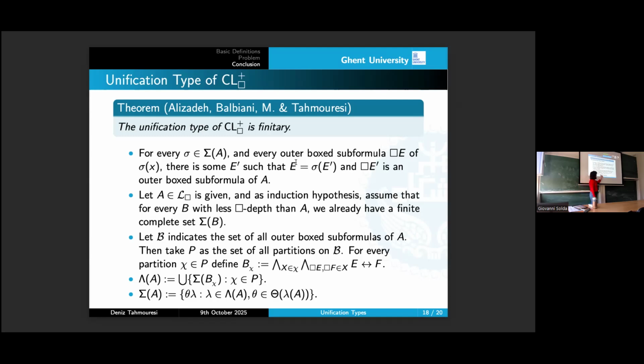For every partition we then take the union and create the big lambda A. Finally, we calculate sigma, a combination of these two, where lambda is as before, and theta is the set of injective unifiers of lambda A that we saw before. Both are finitary, so when we combine them, the result is also finitary.